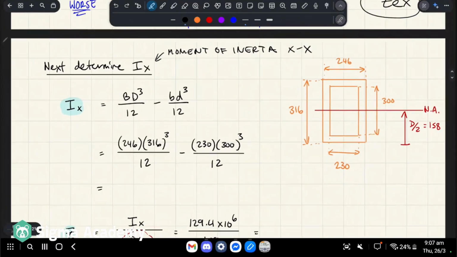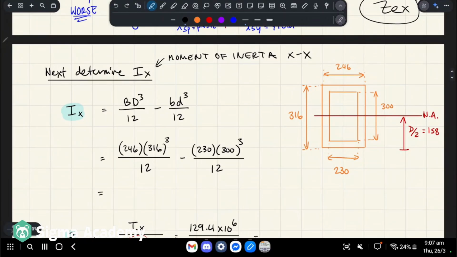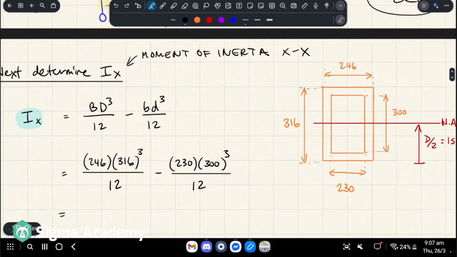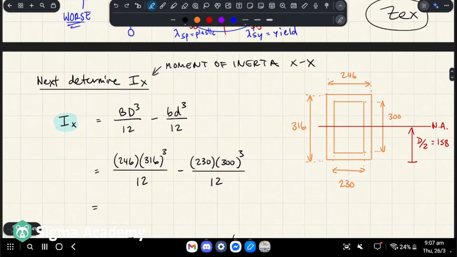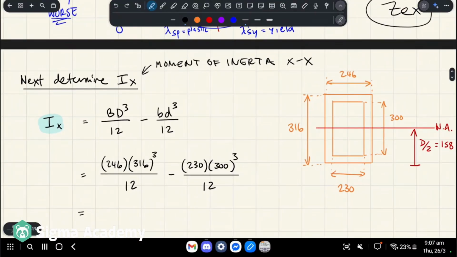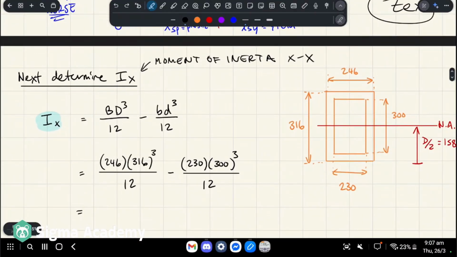So what we can do for a box section is, basically, we have a bigger box, and then we can subtract the smaller box in terms of its bd cubed on 12. So we don't need to do any parallel axis theorem shifting or anything like that.